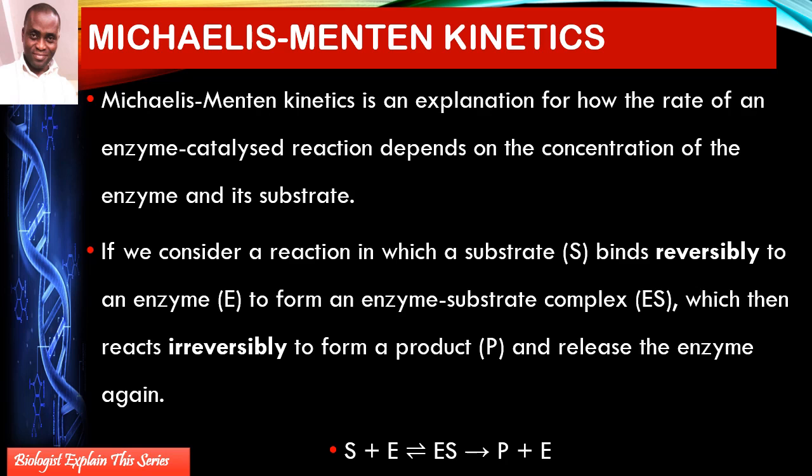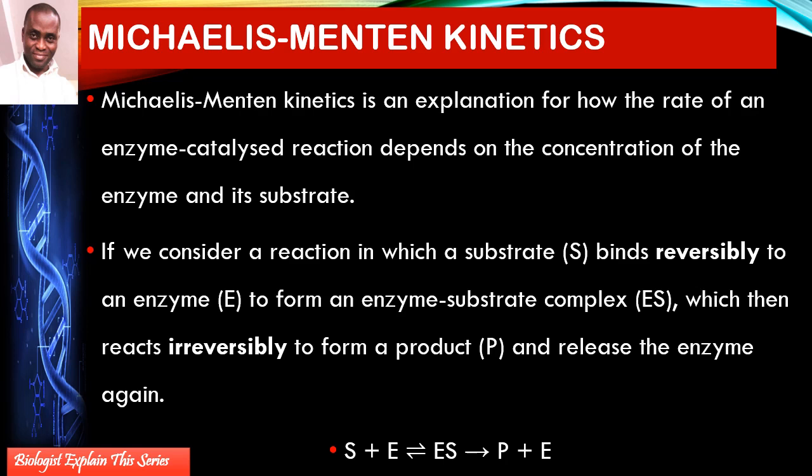Now if you consider a typical reaction like we said previously, you form an ES complex when a particular substrate is complementary to the enzyme and fits into the active site of this enzyme. The ES complex, which is called the transition state, is formed, and then you go on to product formation as you see below the screen there. So you go from E plus S to ES, which is the ES complex.